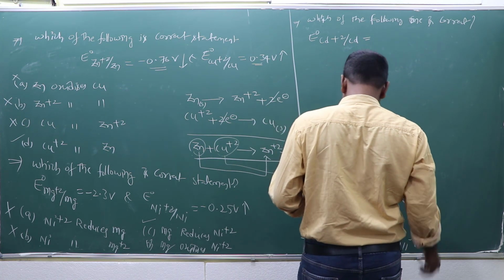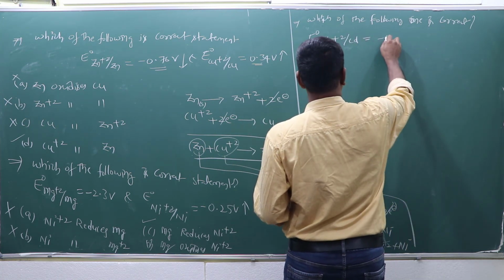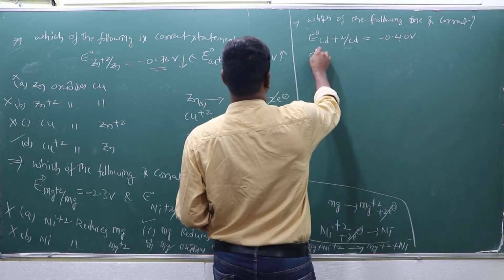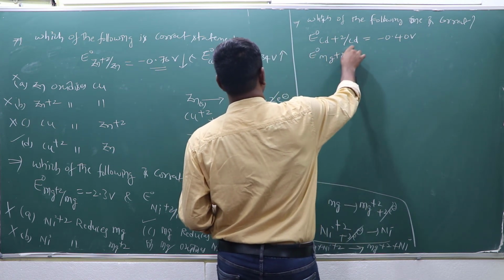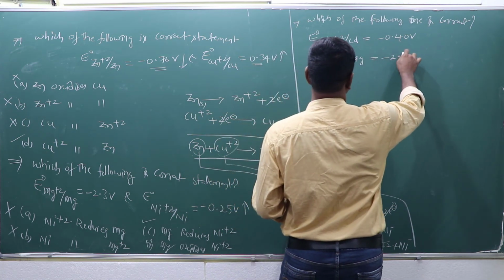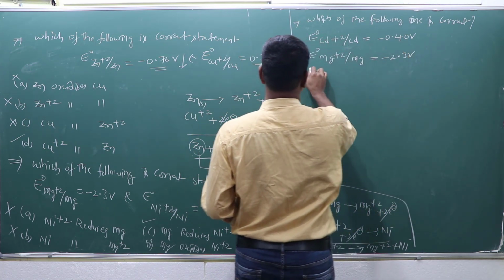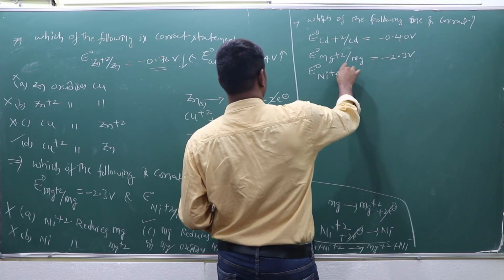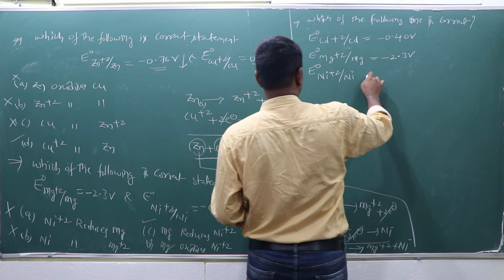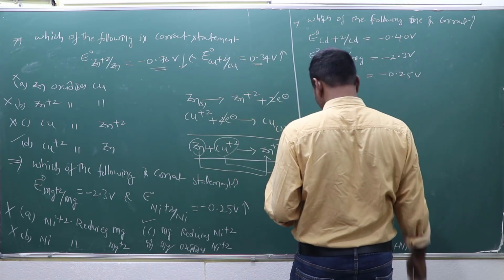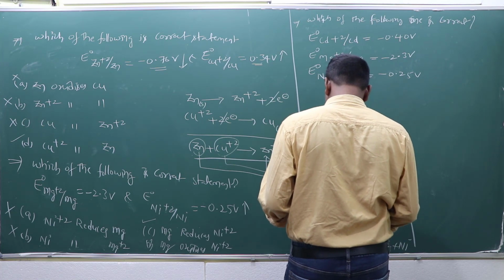E0 of Cd plus 2 to Cd, cadmium, is minus 0.40 volts. Next, magnesium plus 2 to magnesium, minus 0.23 volts. And E0 of nickel plus 2 to nickel is minus 0.25 volts.